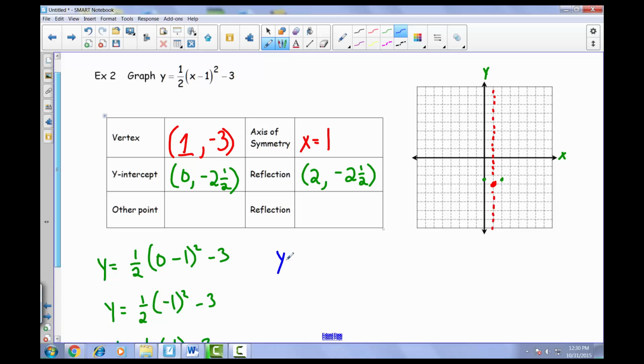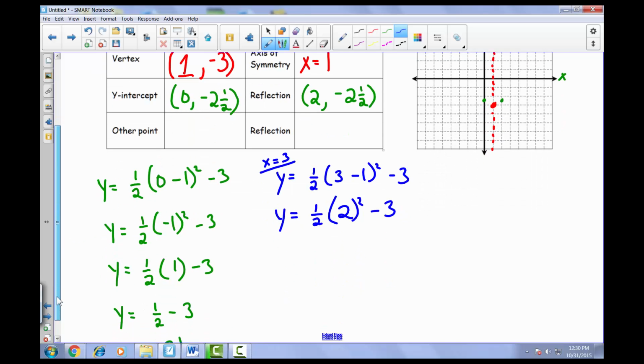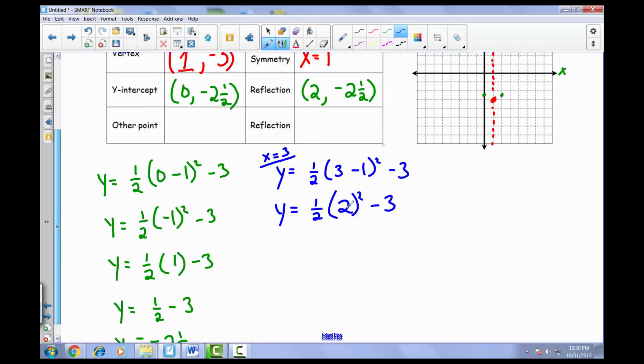We have y is equal to, again, letting x be 3. Y is equal to 1/2 times, instead of x, we're throwing in 3, minus 1, quantity squared, minus 3. So then y is equal to 1/2 times 3 minus 1 just comes out to be 2 squared minus 3. 2 squared gives us 4.